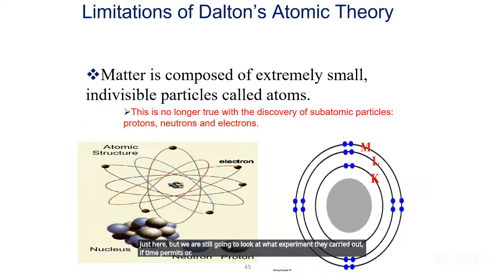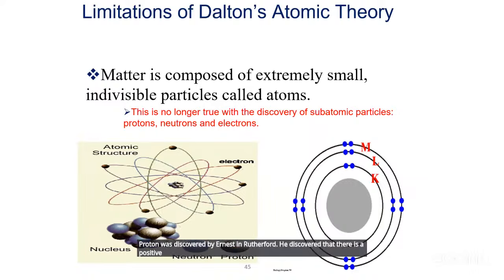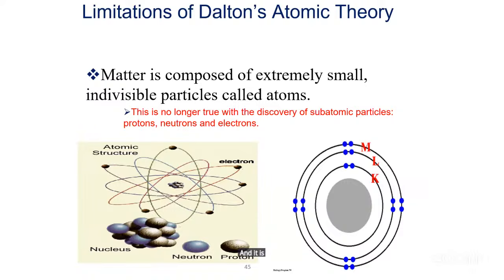The proton was discovered by Ernest Rutherford. He discovered that there is a positive charge, and it is dense, in the middle of the atom. That is where you have the nucleus. We are still going to look at his gold foil experiment to prove this. The neutron was discovered by James Chadwick, while the electron was discovered by J.J. Thomson.